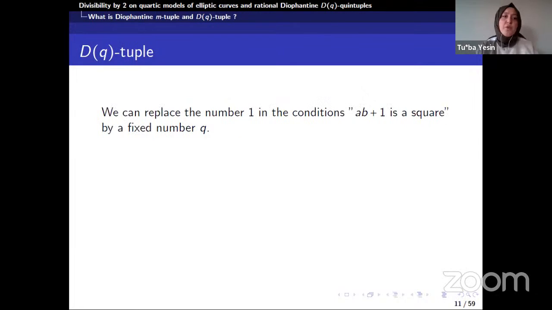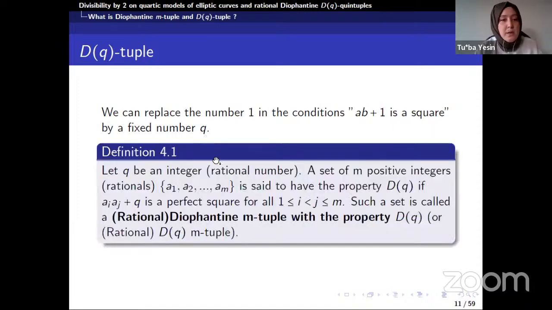Okay, the last definition for this section, we can mention the quintuple, because mainly I will mention the quintuples in the last section. If we replace the number 1 in the condition ab plus 1 is a square by a fixed number q, we can get a new definition, which is the quintuple. Let me introduce this one. Let q be an integer or rational number, it doesn't matter.